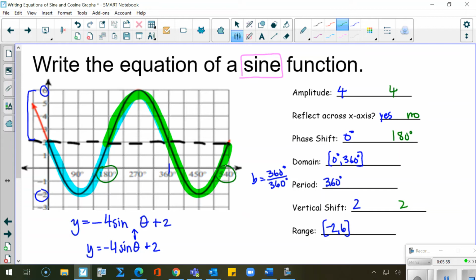The domain of the phase highlighted in green goes from 180 degrees to 540 degrees. However, when I subtract those values to get the period, I still get 360. And the range does not change.